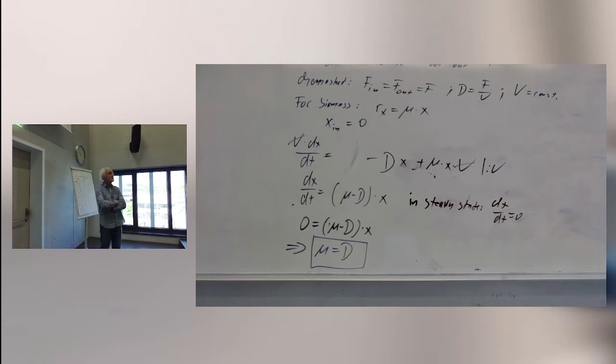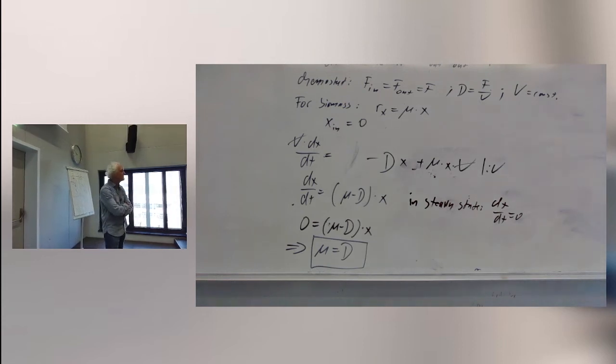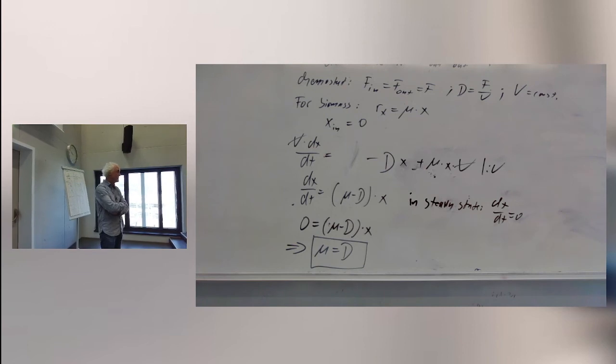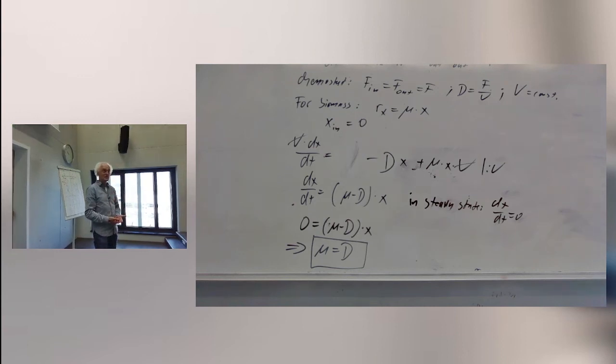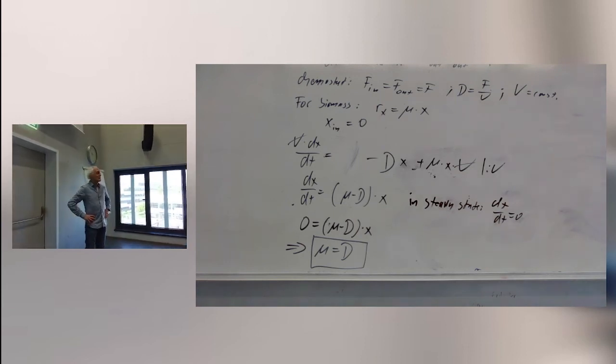What again was the unit of my dilution rate? Per hour. And what is the unit of a specific growth rate? Also per hour, or per time, per minute, per something. So the same unit. So from looking at the unit, it is correct.